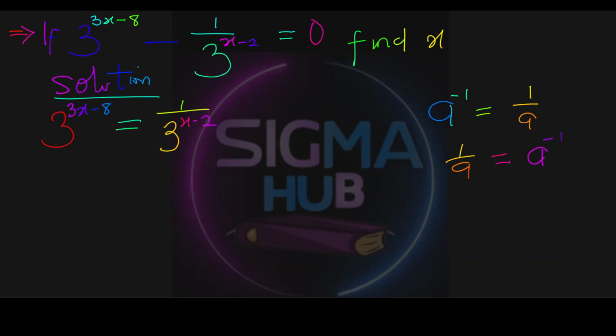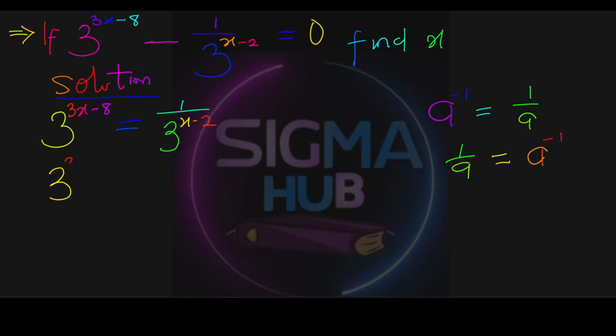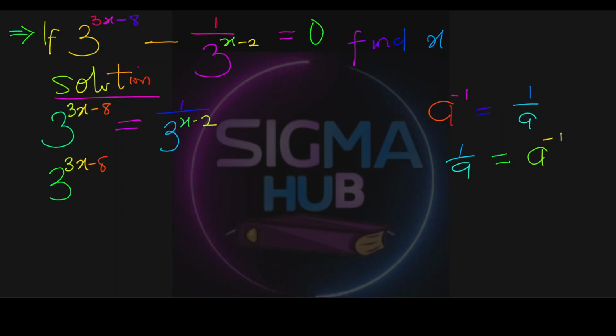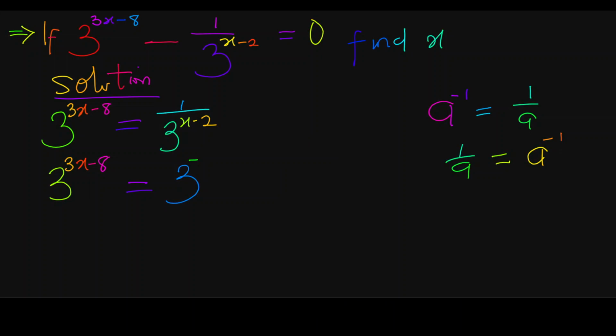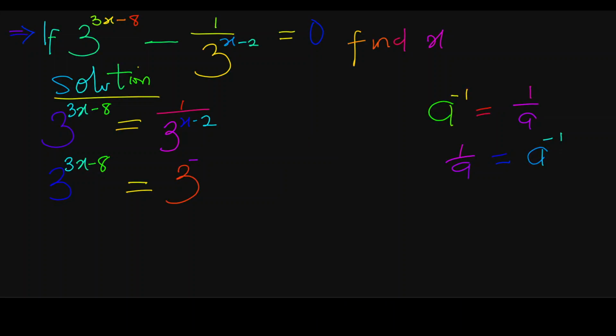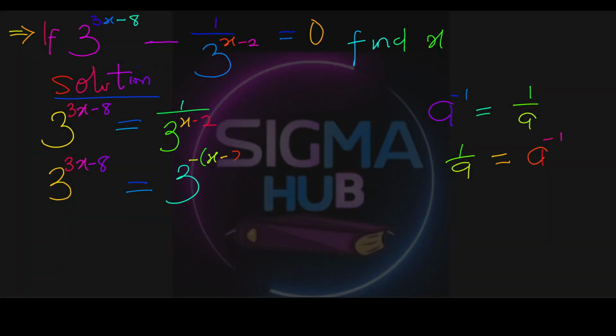So I'm going to be having 3 raised to the power of 3x minus 8 will now be equal to 3 raised to the power of minus, because of the 1 over, so minus, and what's the power there? X minus 2. So I'm going to put inside bracket x minus 2.